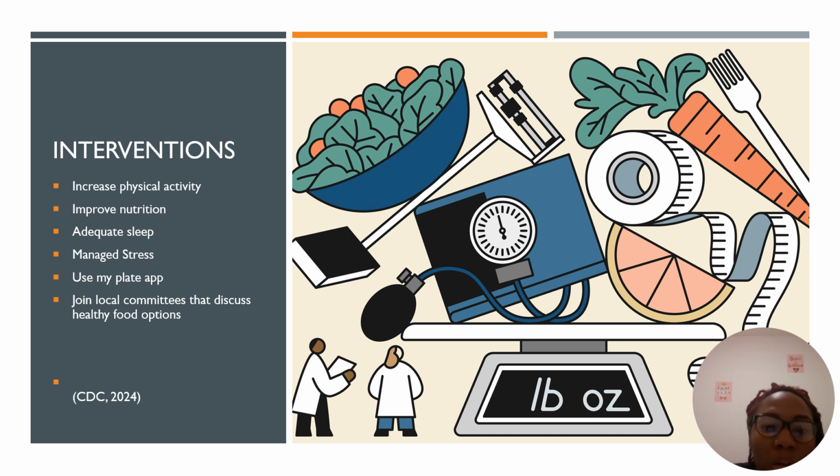You could join local committees that discuss healthy food options. Where I'm located, the YMCA and the health department both have healthy food options if you go in for a visit, or you could talk to a dietitian. They have weight loss management counselors that you could talk to who help you reduce or prevent obesity.